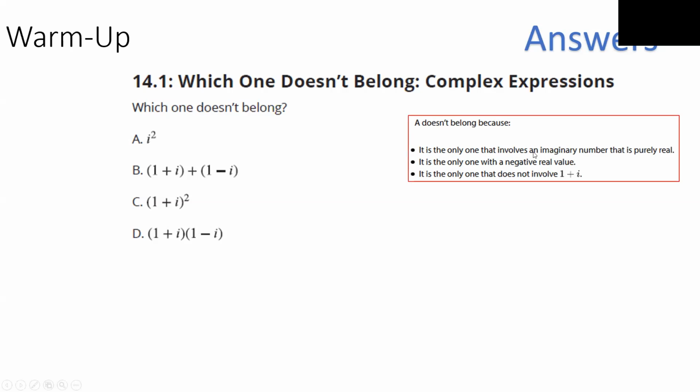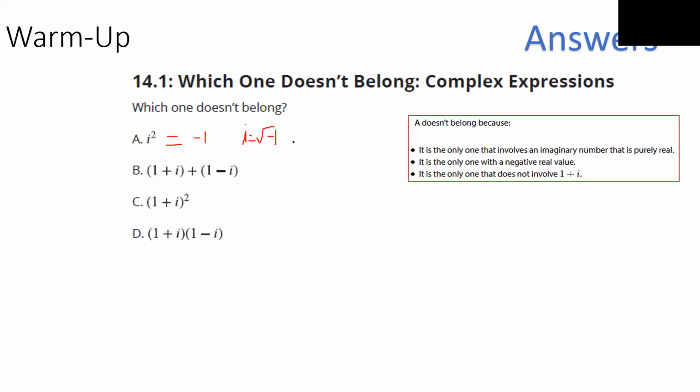It is the only one that involves an imaginary number that is purely imaginary. All of these other ones are complex numbers with real numbers and imaginary numbers. Also, it's the only one with a negative real value. What they mean by that is if I were to simplify this, it would become -1, because we know that i is equal to the square root of -1.